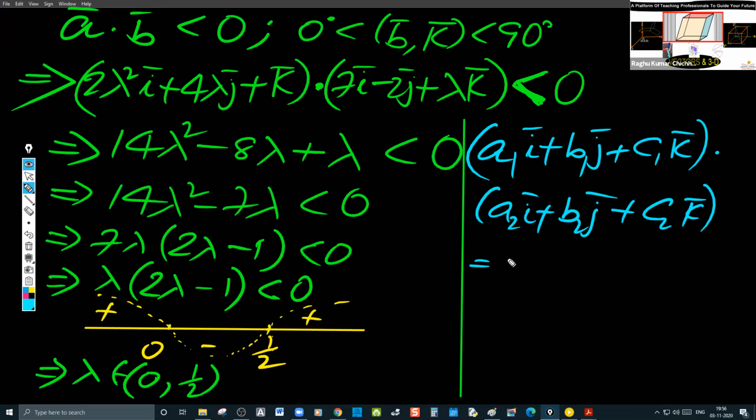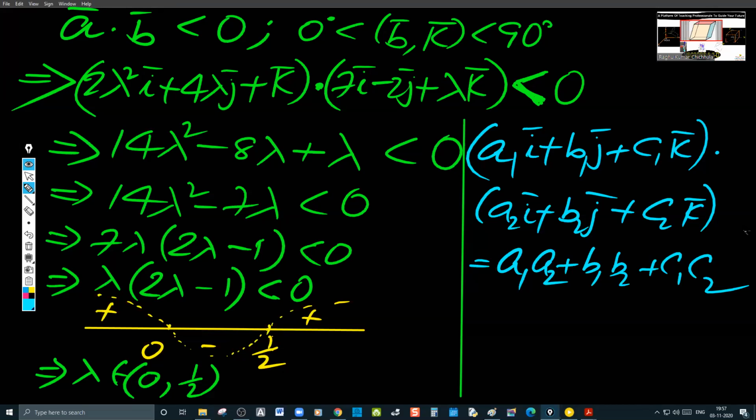Straight away write it as inner product. We call it inner product: A1 A2 plus B1 B2 plus C1 C2. Straight. Praneeth, you understand that, no? Understood, sir.